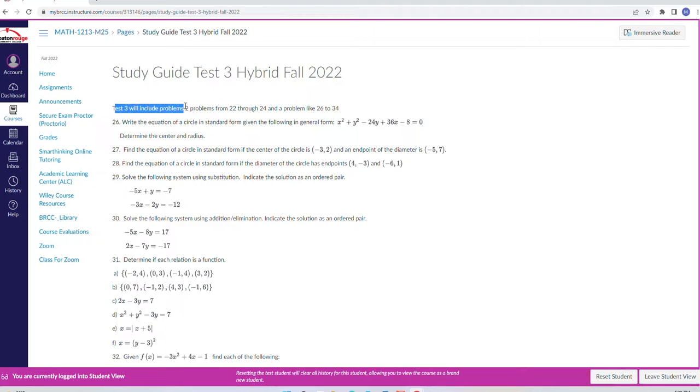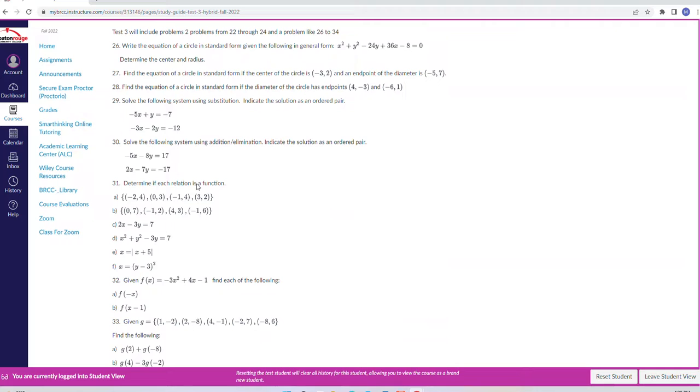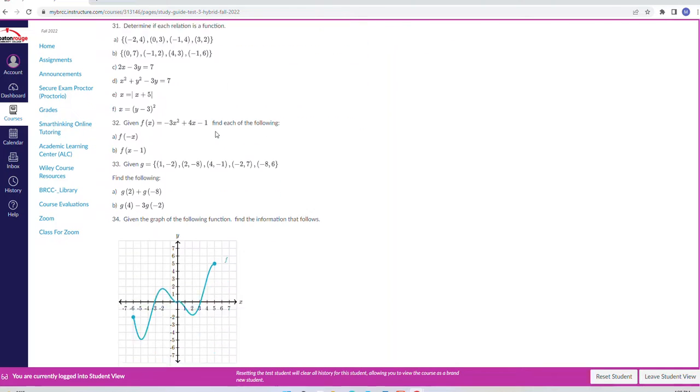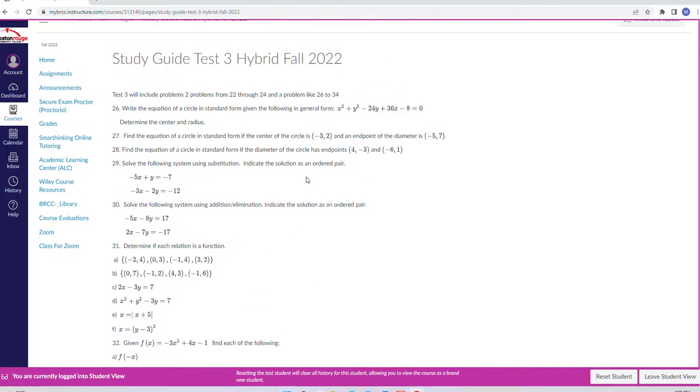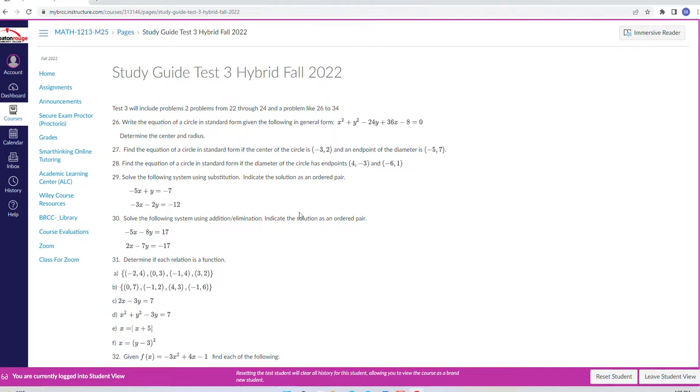It says test 3 will include 2 problems from 22 through 24, which was from study guide 2, and a problem like 26 through 34. These are what you've been studying through, I think, week 8. So just go through those. I will have the key to those at some point.